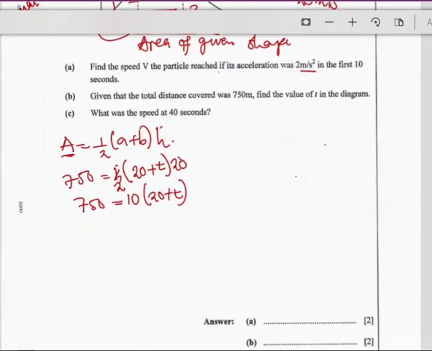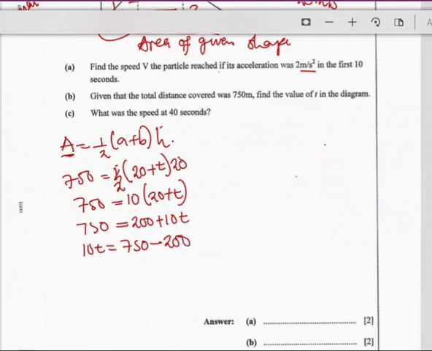So we have 750 equal to, open brackets, 200 plus 10t. We group the like terms. We are going to have 10t equal to 750 minus 200, since the 200 goes to the other side and becomes minus.